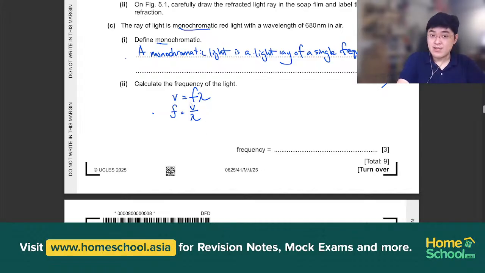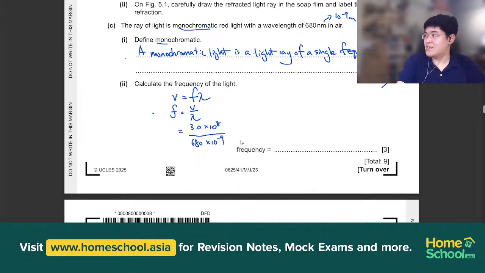Excuse me. Now, as you know, speed of light is very easy. It's 3.0 times 10 to the power of 8 meter per second, right? Divided by the wavelength. We are given that wavelength is 680 nanometers. Nanometers is, right, 10 to the power of minus 9 meters. So it's 680 times 10 to the power of minus 9.